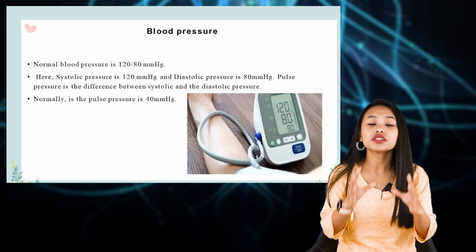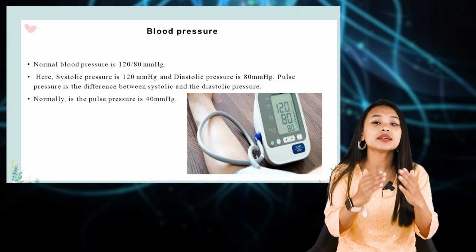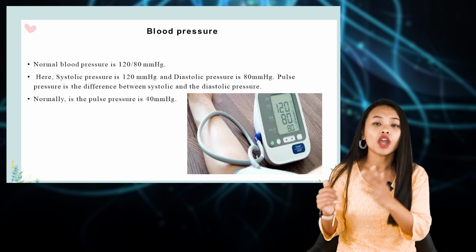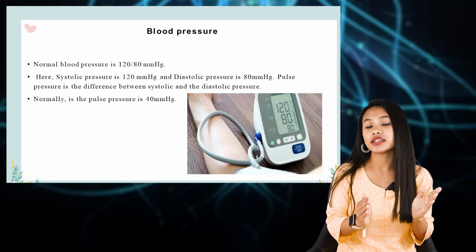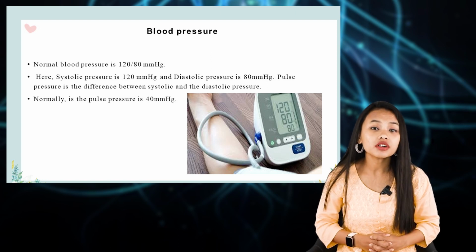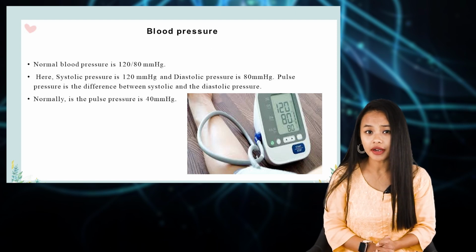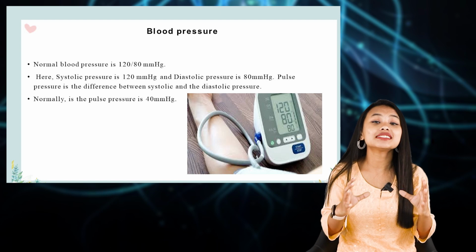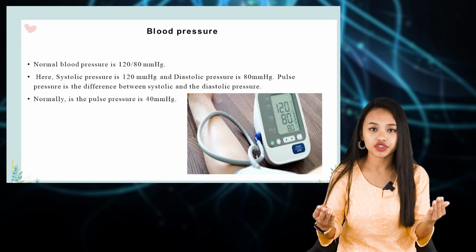The normal blood pressure of an individual is 120 by 80 mmHg, where 120 is the systolic blood pressure and 80 is the diastolic blood pressure. There is one more term known as the pulse pressure. What is this pulse pressure? The pulse pressure is the difference between the systolic and the diastolic blood pressure.